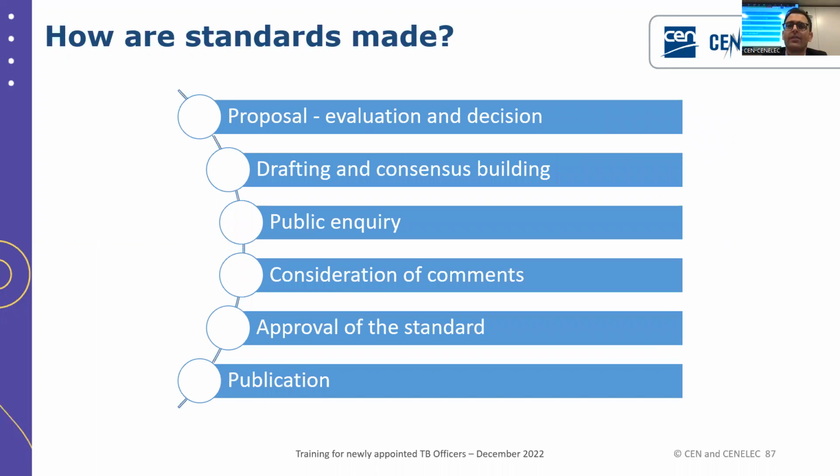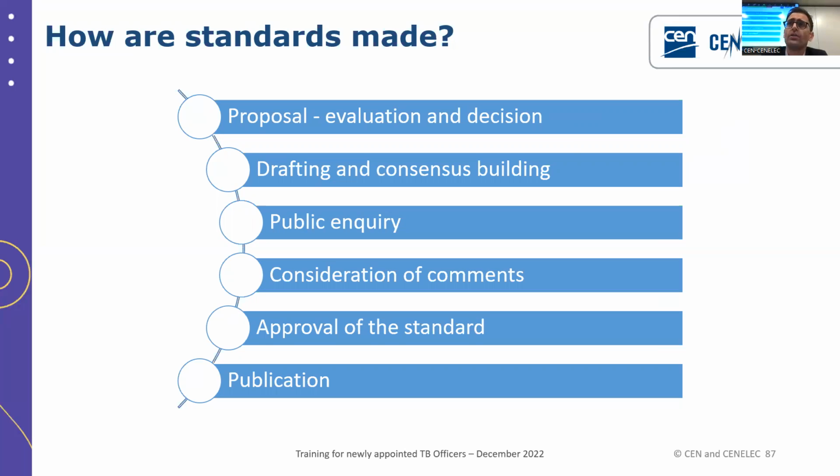So how are standards developed? Here on this slide, you have the different steps. Obviously, first, there should be a proposal that needs to be assessed and then decided. Then, if it's positively assessed, we are in the stage of drafting the standards, and it's the moment that consensus is being built within the working group. Then we enter into a stage of a public inquiry.